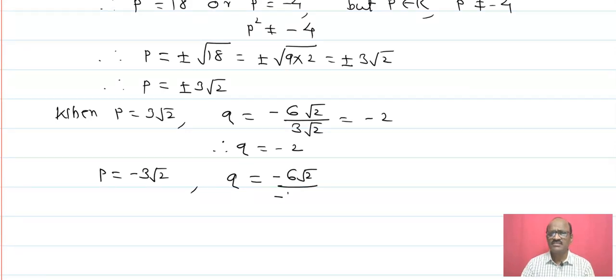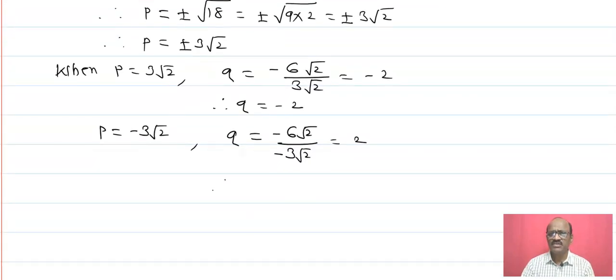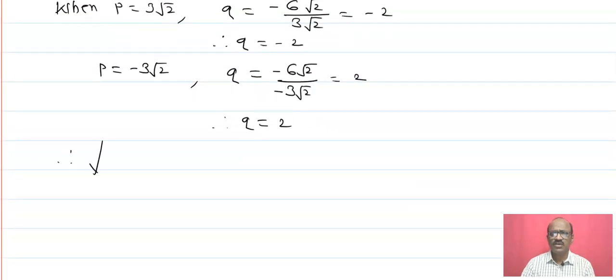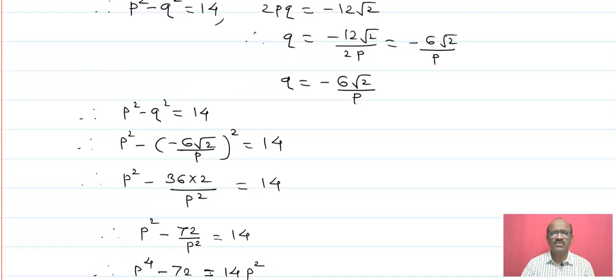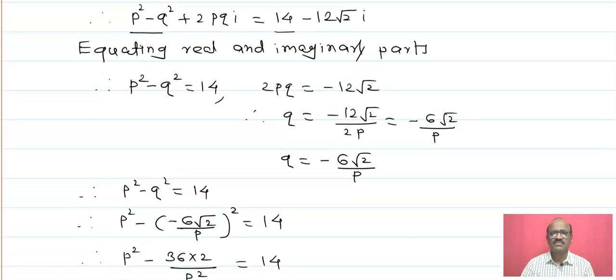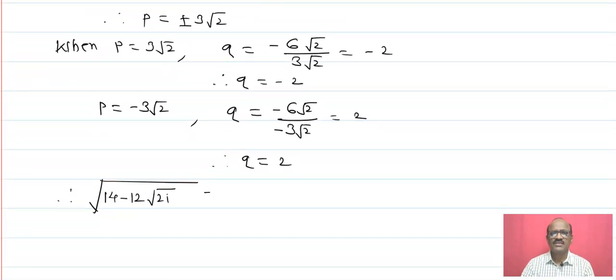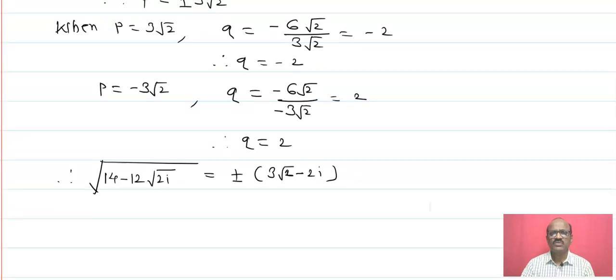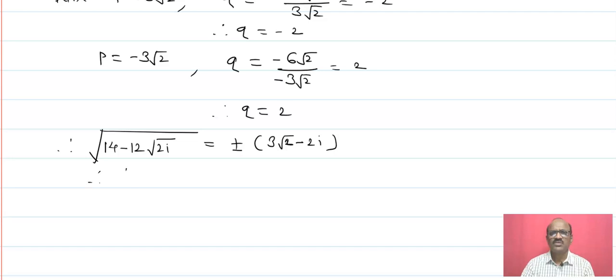And next, you take minus 3 root 2. Then you get plus 2. And that's why the root of 14 minus 12 root 2 i is equal to, now see this again, plus or minus (3 root 2 minus 2i).